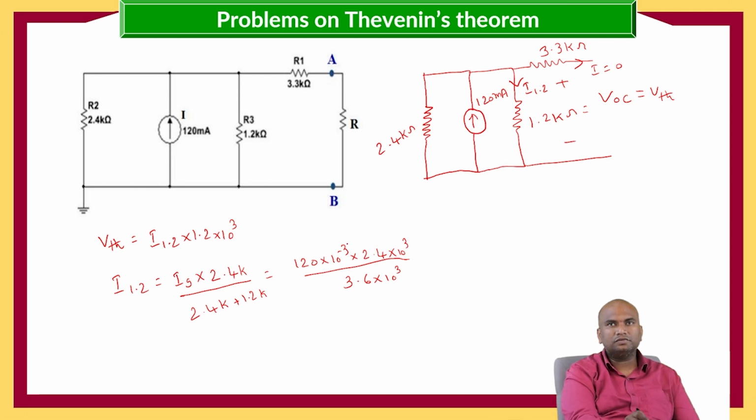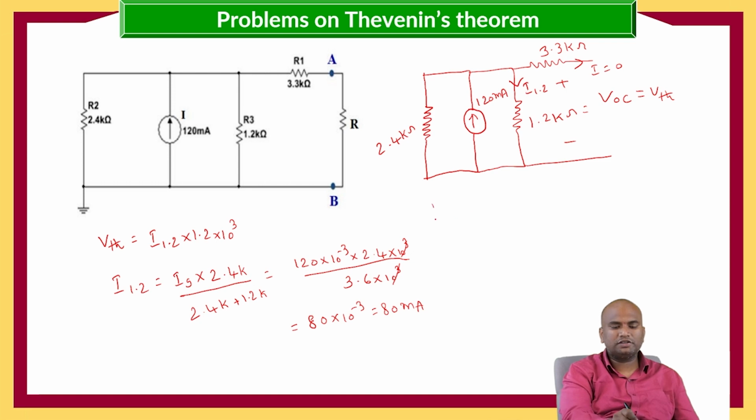The 10 cube and 10 cube get cancelled, that is equal to 80 into 10 to the power of minus 3, that is 80 milliamperes. So this is the current which is flowing through the 1.2 kilo ohms.